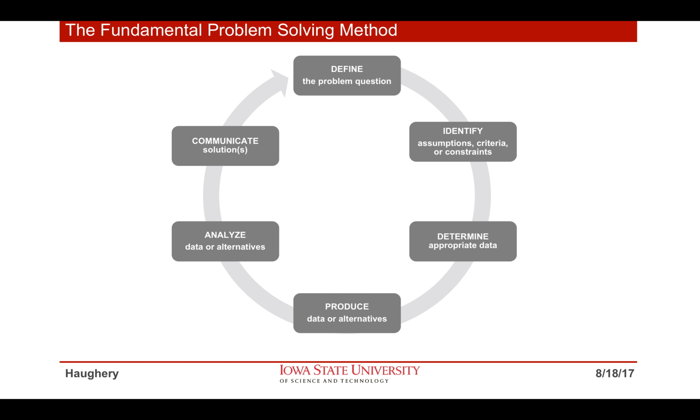I've tried to distill this down to the most important key components of solving problems. This is very similar to an engineering design process, but I feel like this is a fundamental process that can be applied to many different scenarios.